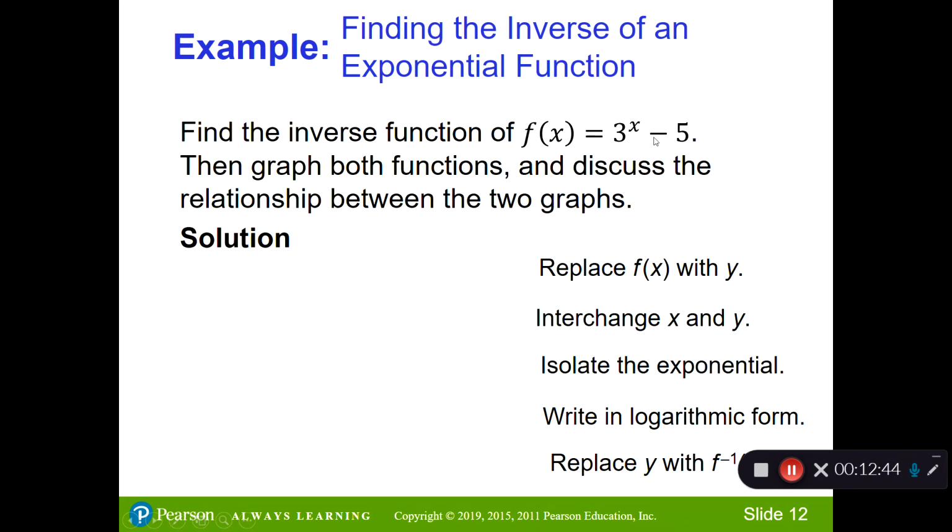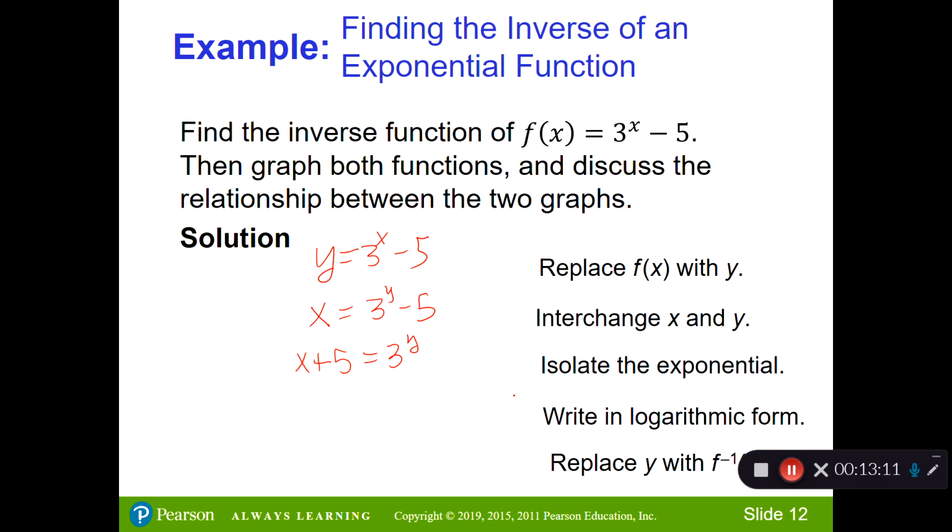Now, let's find the inverse of 3 to the x minus 5. So the first thing we do is write it as a y equals statement, y equals 3 to the x minus 5. Interchange the x and y, so x equals 3 to the y minus 5. And now isolate the exponent. So we're going to add 5 to the other side, x plus 5 equals 3 to the y.